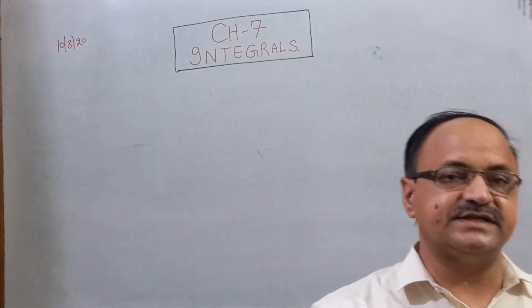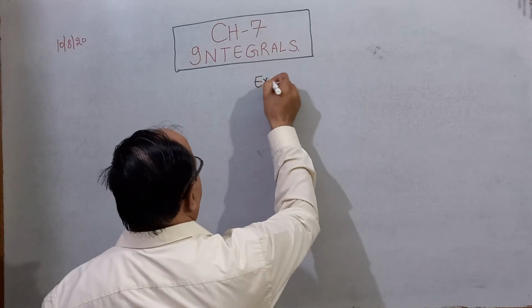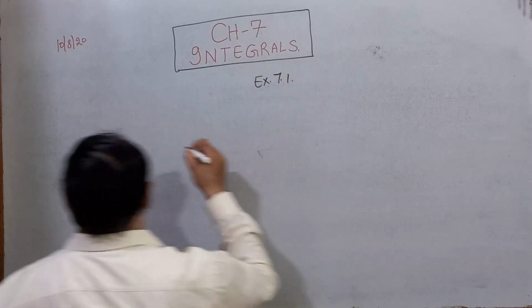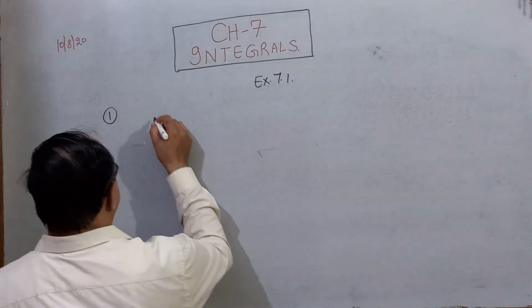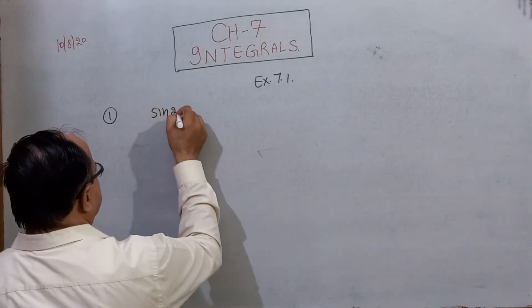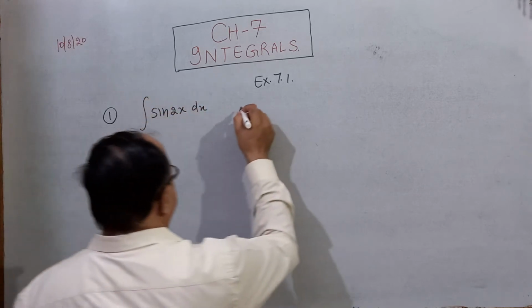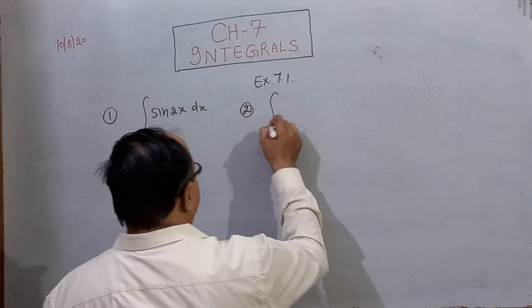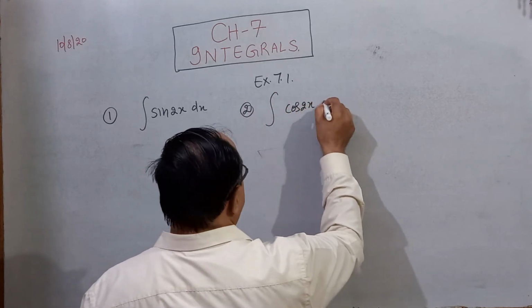Now we start exercise 7.1. First question: find the antiderivative. Antiderivative you can find with the help of integration. Second, integration of cos 2x.